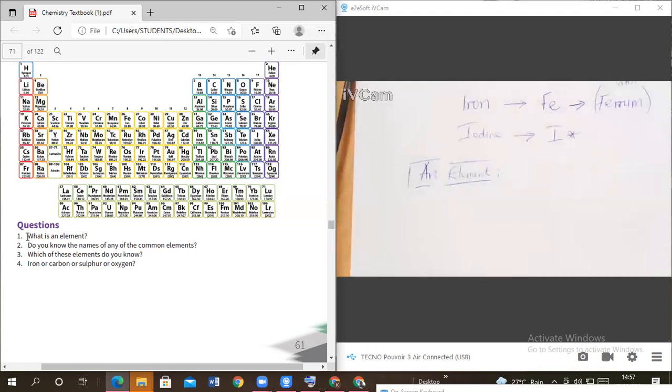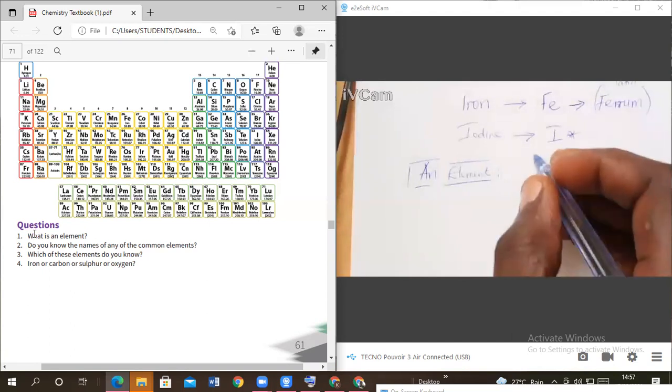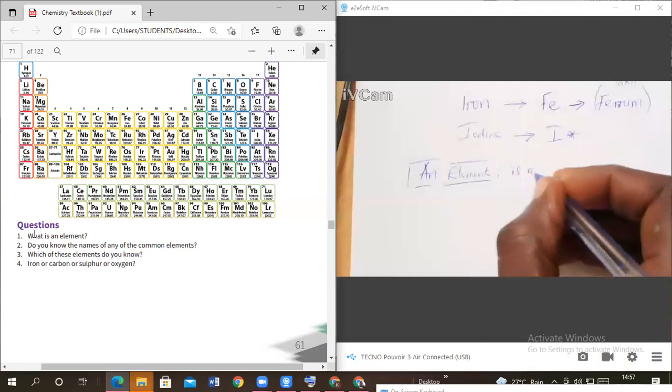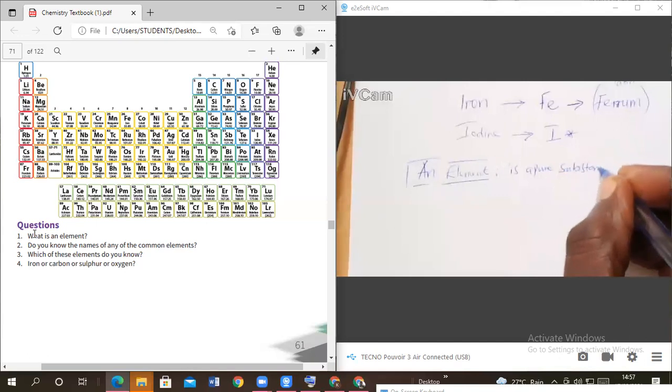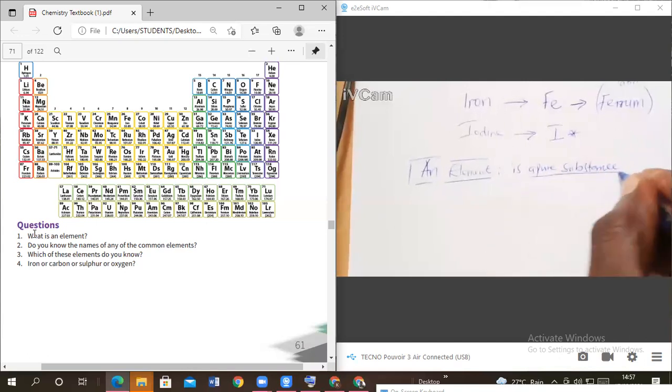Okay, back to our main point of discussion, the element. From our definition, an element is a pure substance. We looked at a pure substance. Someone defined for us a pure substance.